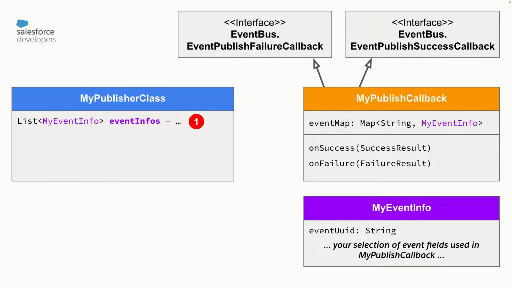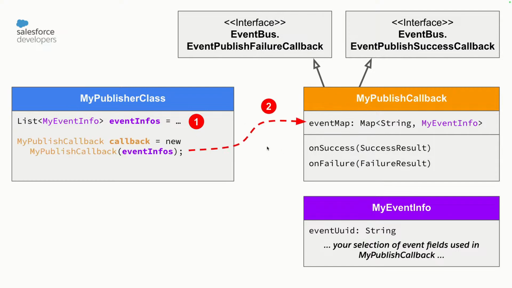Now that we have all of this ready, we move back to our publisher class, and we are ready to instantiate our callback. Our callback will be instantiated with the list of events that we want to publish, but not the events directly, the event info list that we've prepared ahead. So we create a new instance of our publish callback. And then finally, we call our eventBus.publish method. Now, what's really new here with event publishing callback is that you have a second parameter.